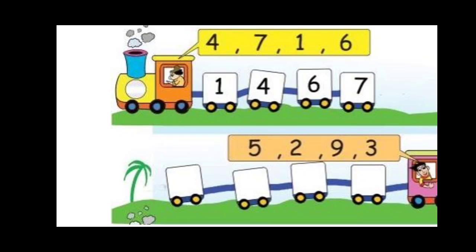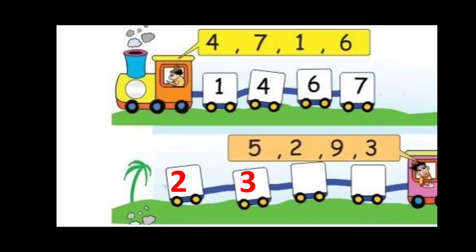Now we have to see the 4 numbers in the orange box and find out the smallest number. So which is the smallest number, children? Yes, it is 2. Now which is the next smallest number? 3.